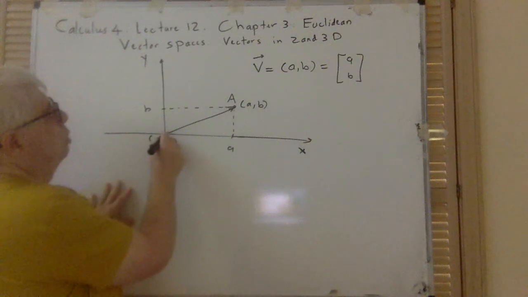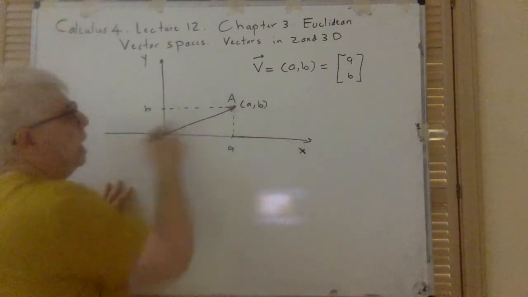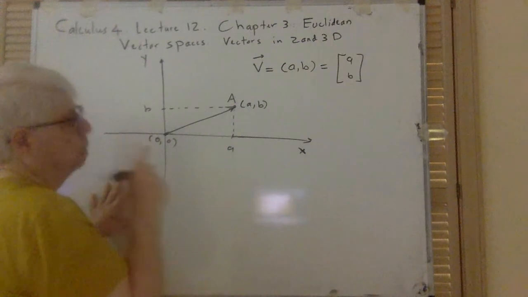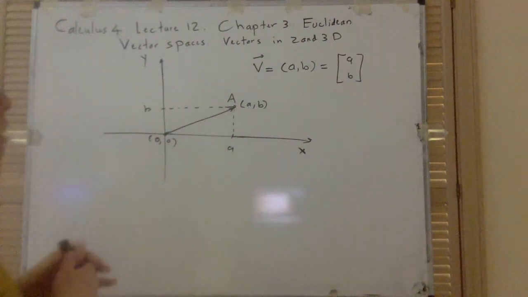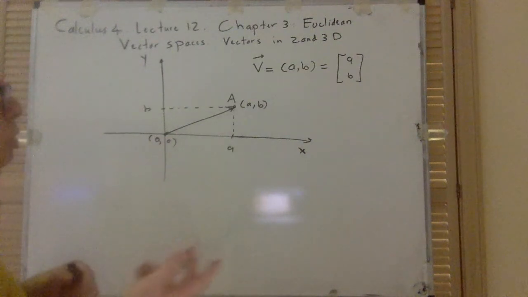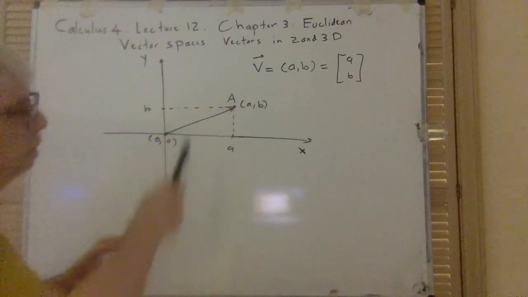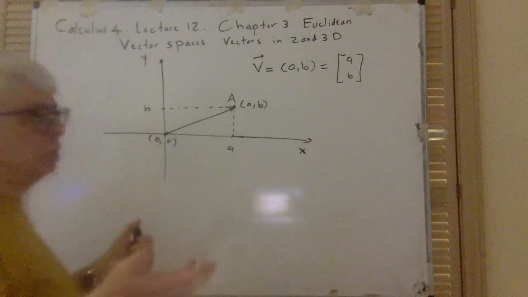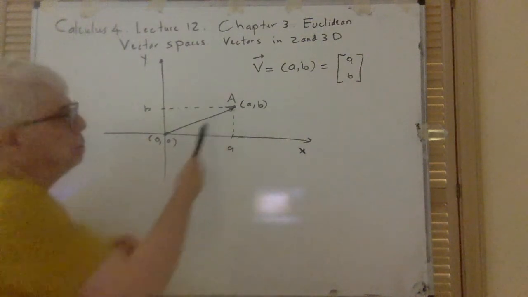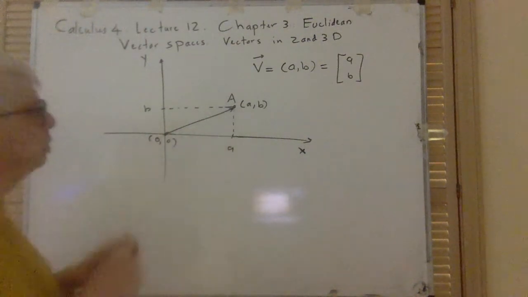This point and this vector, which starts here and ends at this point, are basically identified with each other. So, in a sense, we can say that they are the same. If from now on I write AB like this for a vector, don't confuse that with a point. In fact, that's the terminal point of this vector.